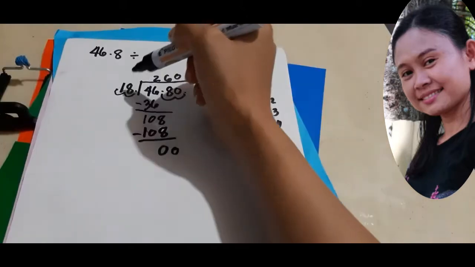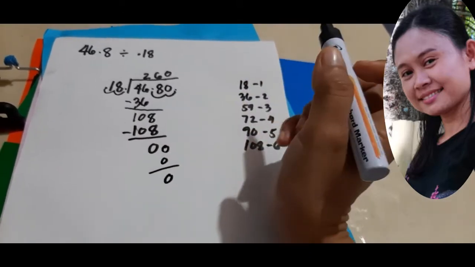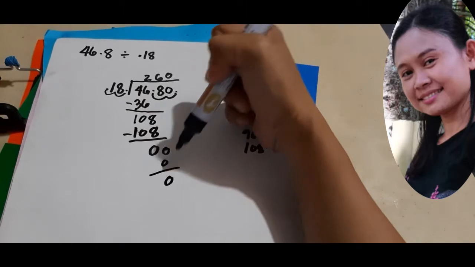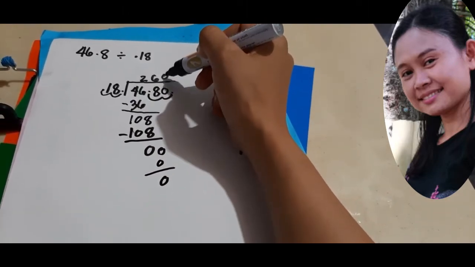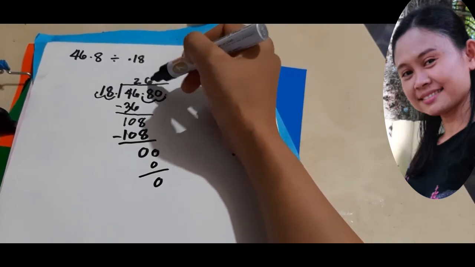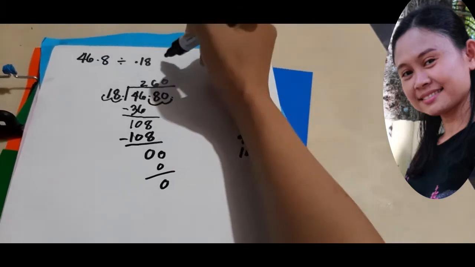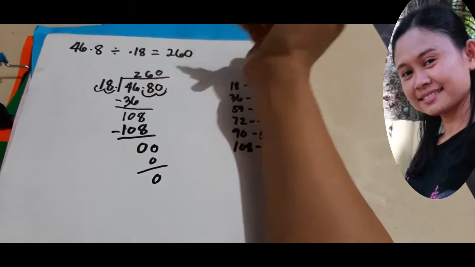Then 0 times 18 equals 0. Then subtract, still 0. To make it a shortcut, just put the 0 beside the 6. So the answer now is 260, or put here equals 260.